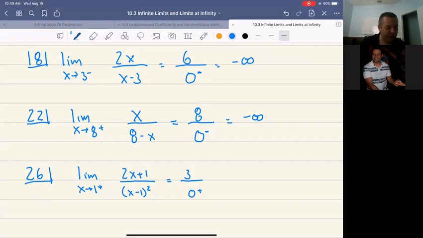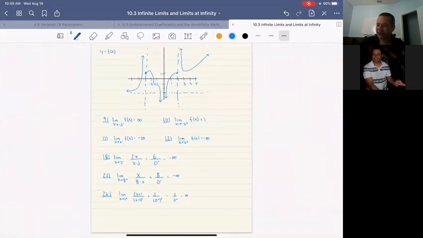But x minus 1 squared, because you're squaring it, so it's 0 plus squared, if you like. That's positive infinity. All right, I'll see you guys in the next page of problems.